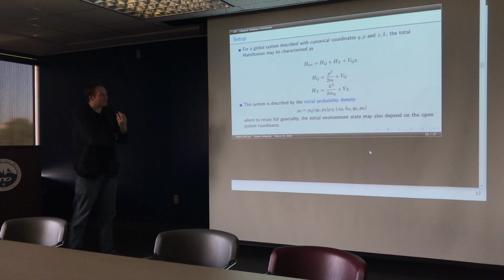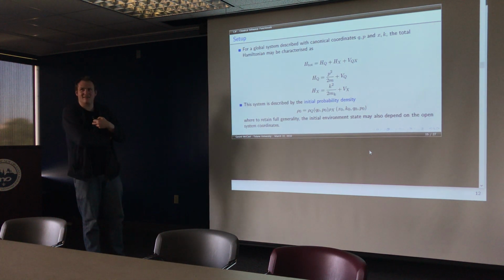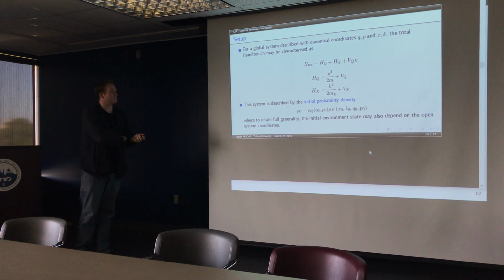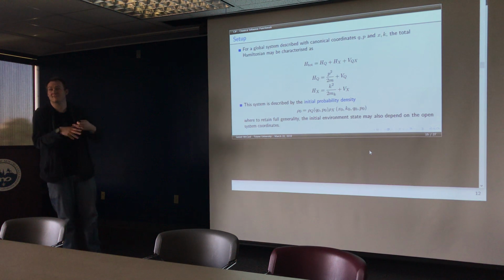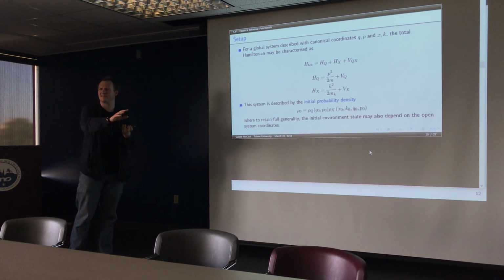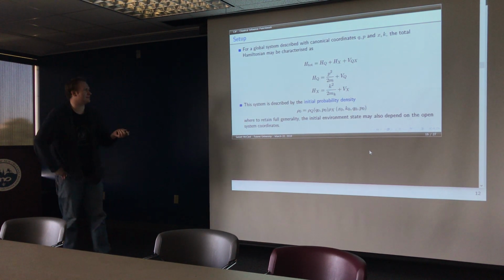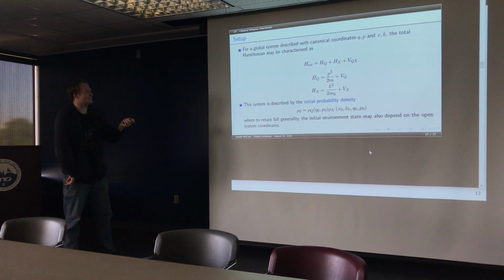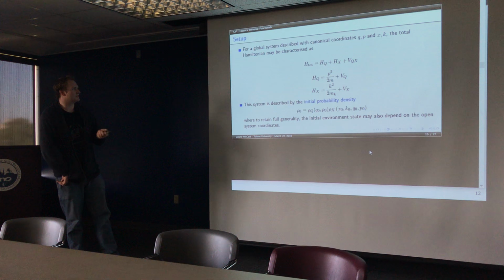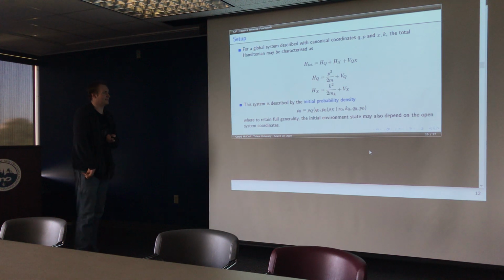In order to describe why this is interesting, we need to start to think about a composite system. In the same way as at the start I mentioned the Caldeira-Leggett model for how you heuristically derive a master equation, the same is true for getting the classical influence functional. You have to imagine you have your system you're interested in, an environment, and an interaction between the system and the environment.